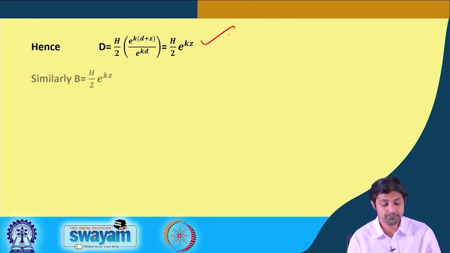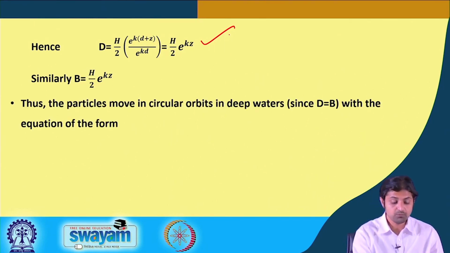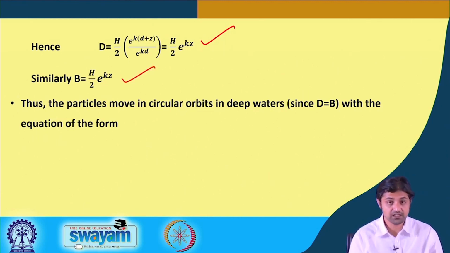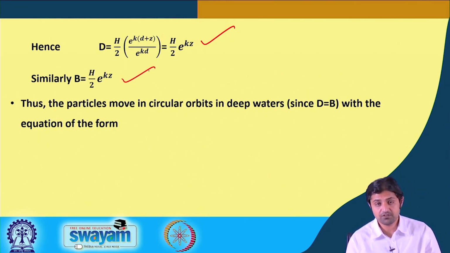This is important. Similarly, if we do the same process with B, we will again get H by 2 e to the power kz, because in deep water that is going to happen again. Therefore, you see both B and D are the same. So, in an ellipse, if both the major and minor axes are the same, it is nothing but a circle.